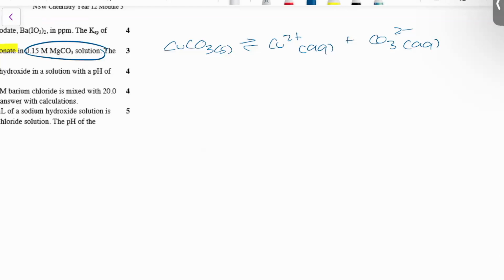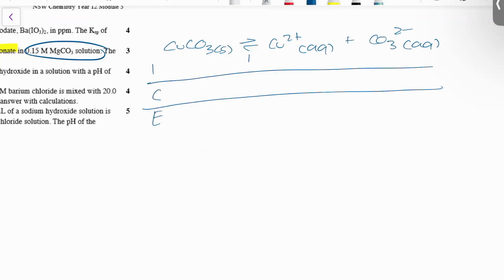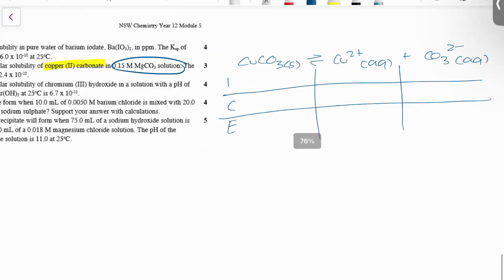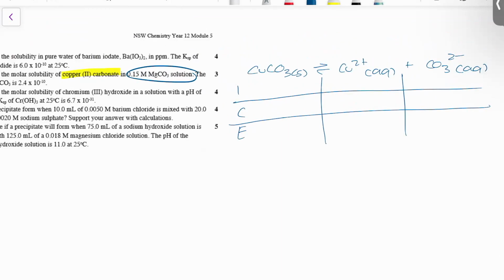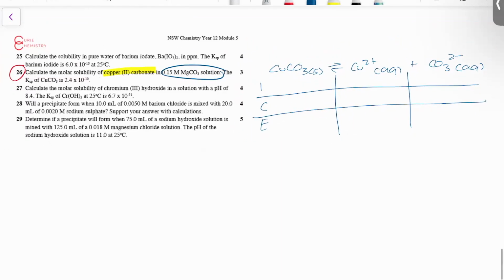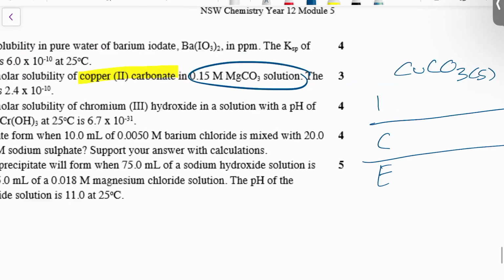Step number 2, set up your ICE table. The only thing that changes compared to your normal Ksp question or your normal molar solubility question is that the concentration of the common ion is no longer 0. One of them will stay 0, the other one won't stay 0. All you have to do to figure out the common ion is to compare the names.